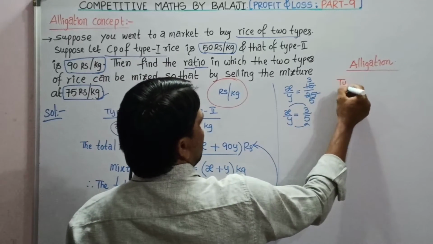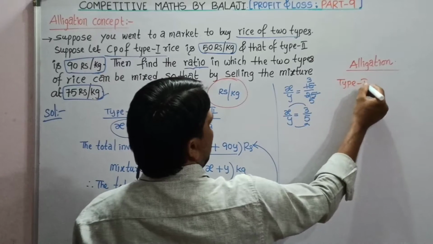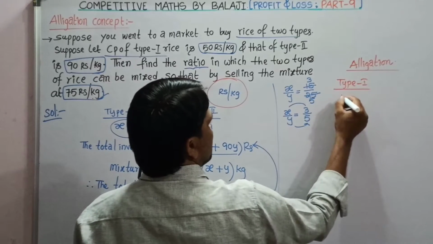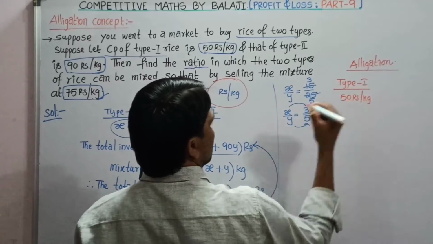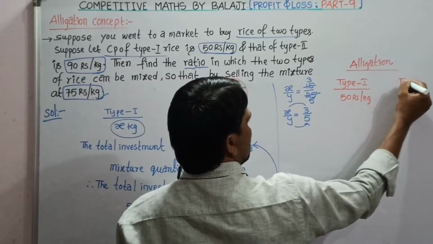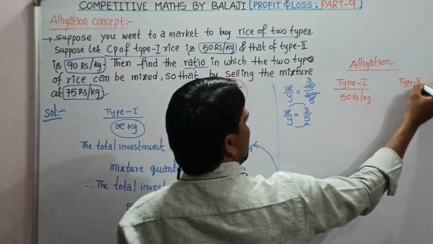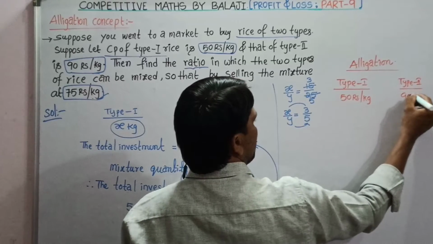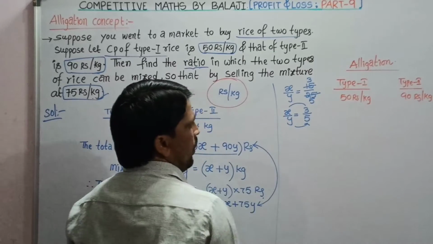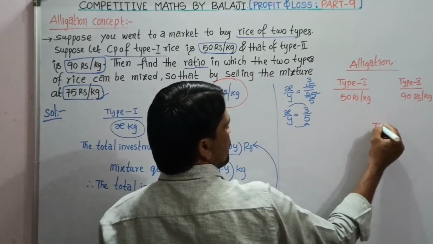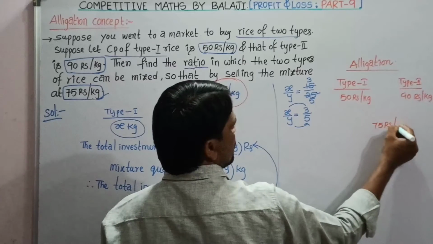Type 1 CP is 50 rupees per kg, type 2 is 90 rupees per kg, and the mixture cost price is 75 rupees per kg.